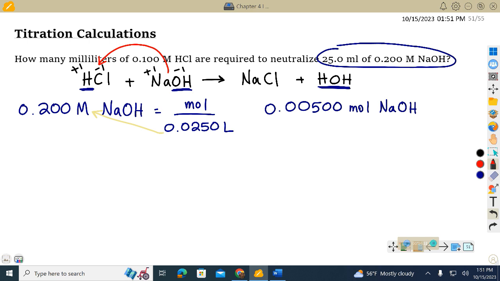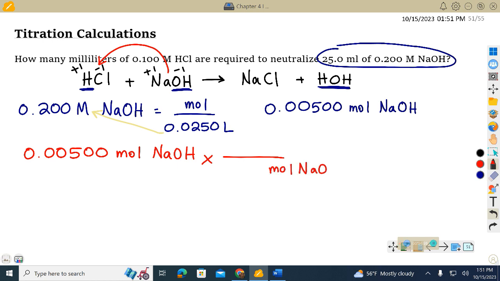Now, if I wanted to be a perfect rule follower, I would maybe set up something that looks like this. 0.005 moles of sodium hydroxide. And I'm going to do some little mole stoichiometry. Cancel moles of sodium hydroxide. Switch it to moles of the other solution.